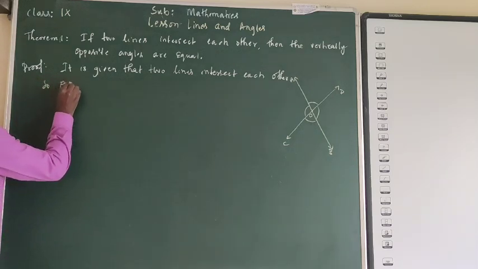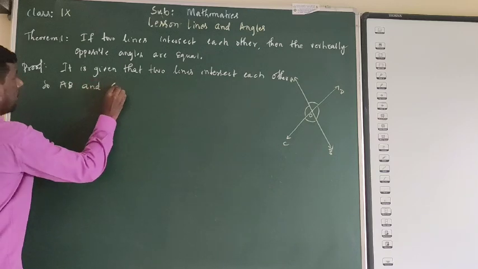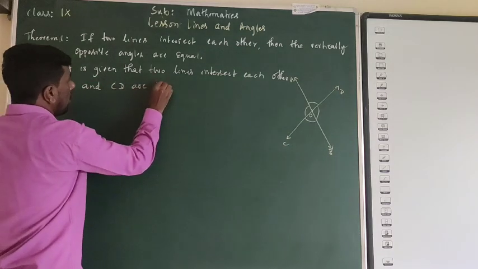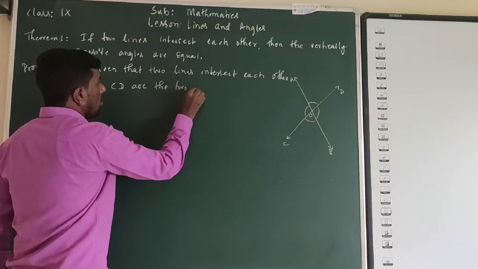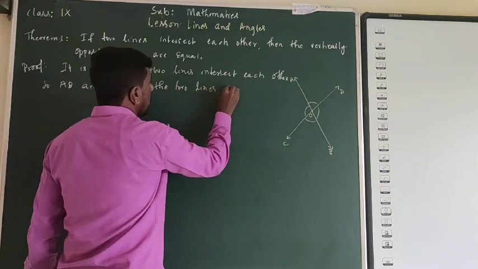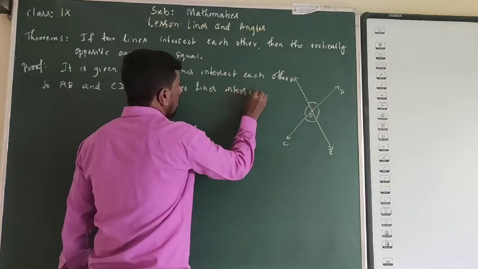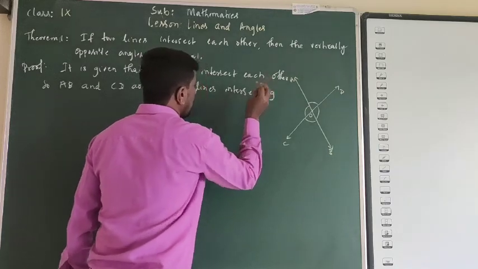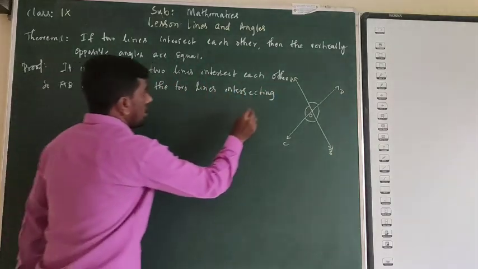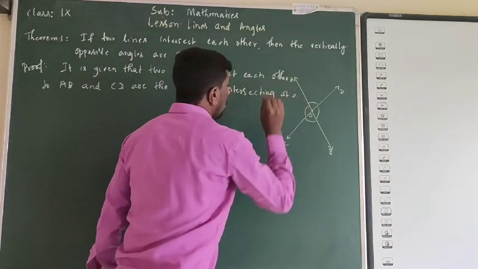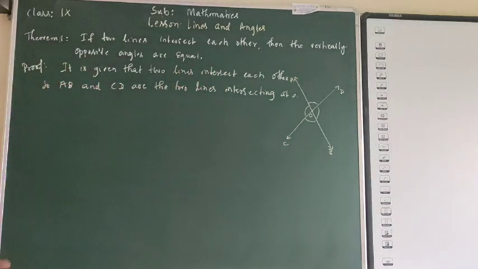So AB, CD are the two lines intersecting at O. Okay.